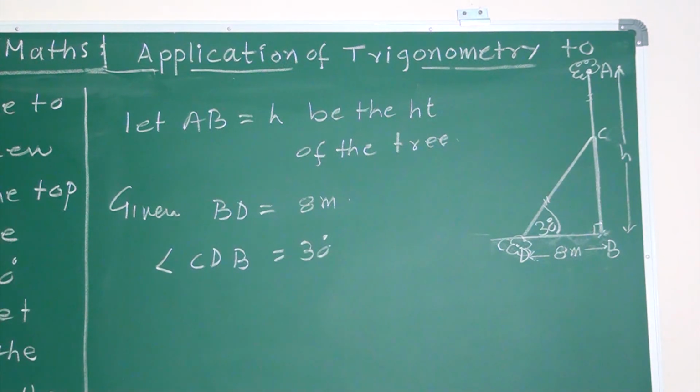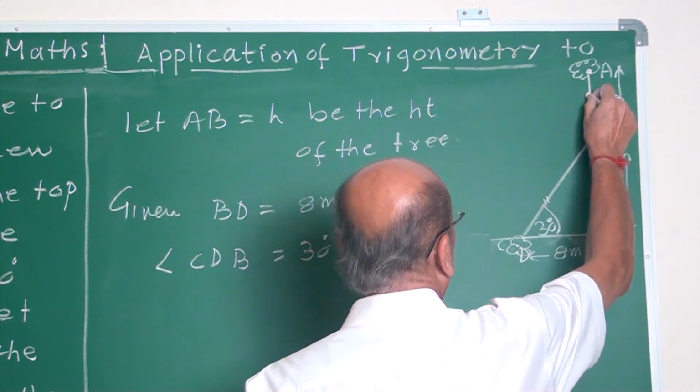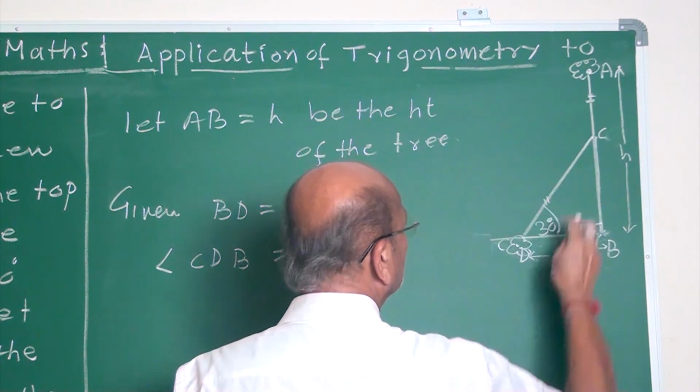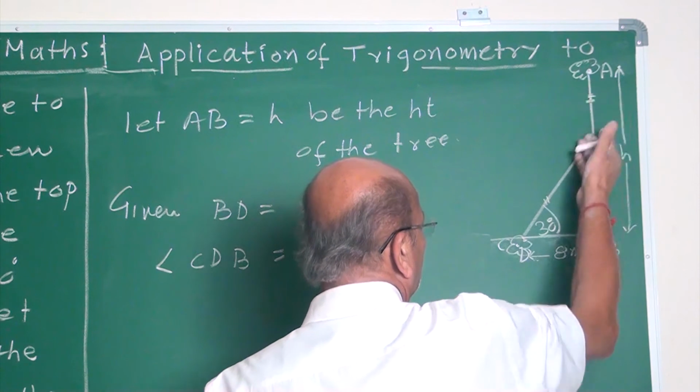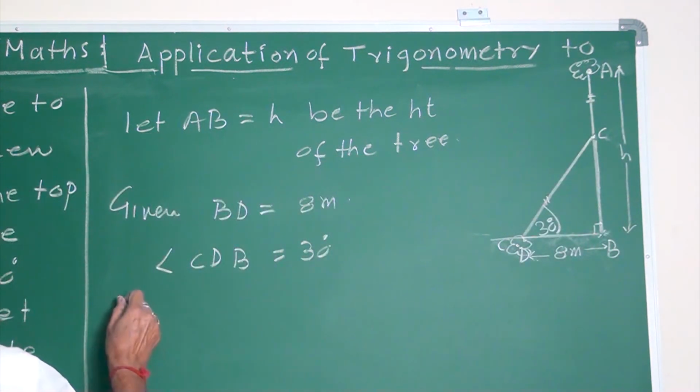Now, it is broken at this point, which means this distance equals the same piece lying here, the same AC lying here. Then it is also given or observed.